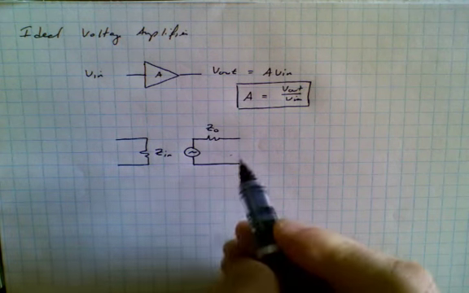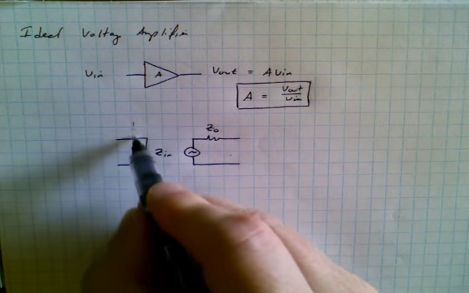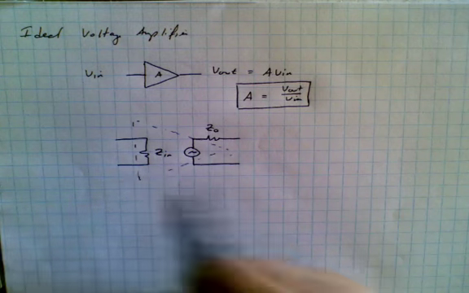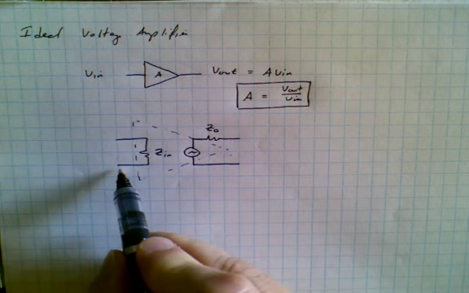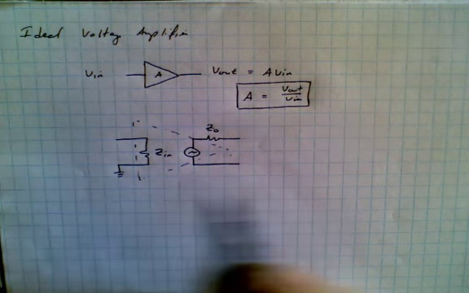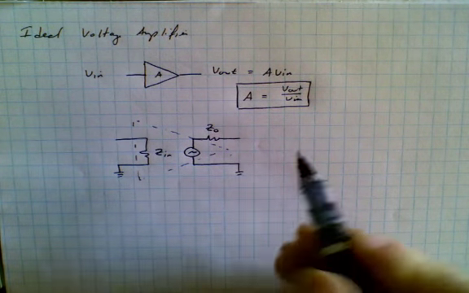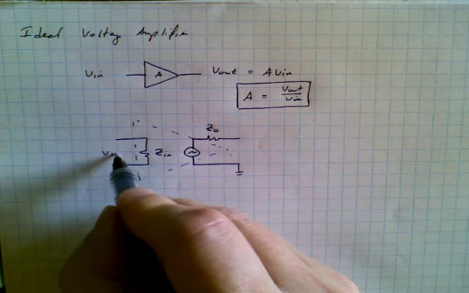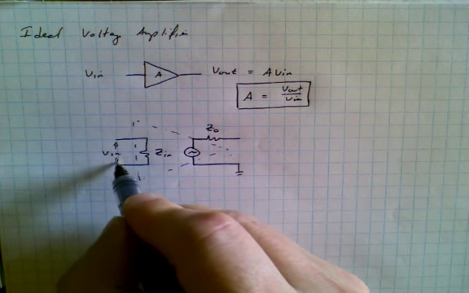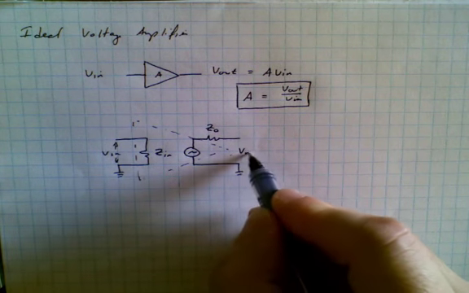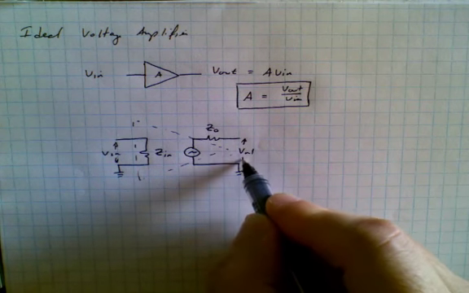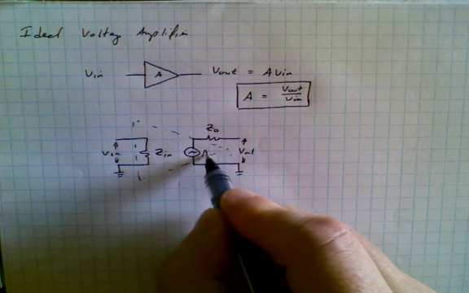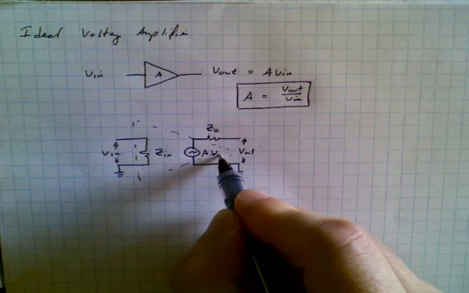And at first glance, you might think that this does not look like that amplifier, but in fact, it does. We can very easily, for example, make this ground, and we make this ground, and we suddenly see that we have an input, we have an output, we have a V in here, and we have some sort of V out here. And the gain of this amplifier over here, this source over here, is simply A times V in.